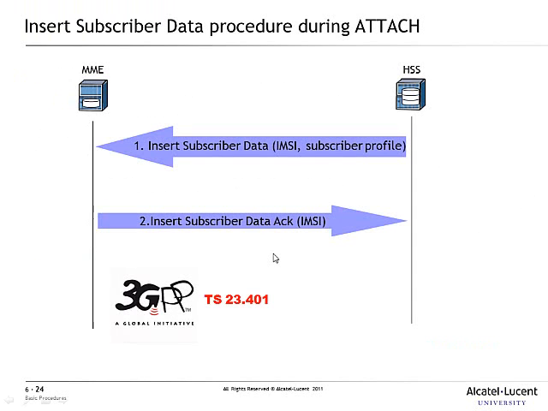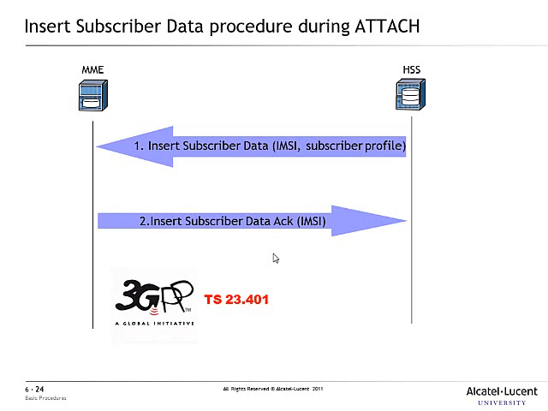So basically, whenever you do an attach process, the question you might ask is, if all this information is sitting in the HLR, how does the MME get it? Because the MME, the mobility management entity, is the one that is going to process all the subscribers' requests.